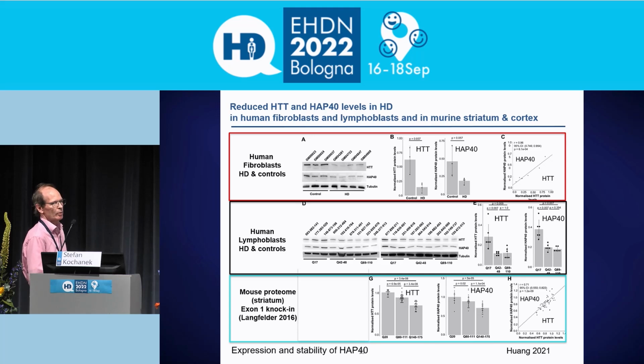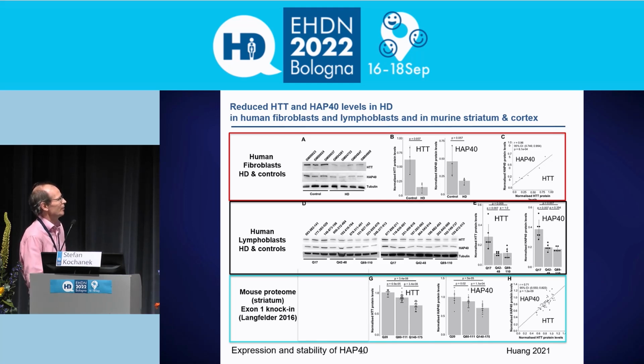Now, it has been known from several publications that Huntingtin levels are reduced in the course of the disease, depending on the length of the polyQ. But what we saw here is that HAP40 levels are also decreased, and that is quantified here, as you can see. So HAP40 levels and Huntingtin levels both correlate. They are both significantly decreased.